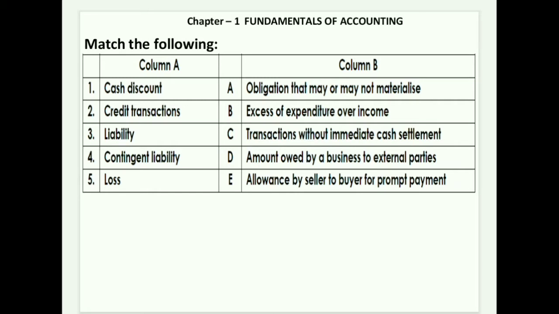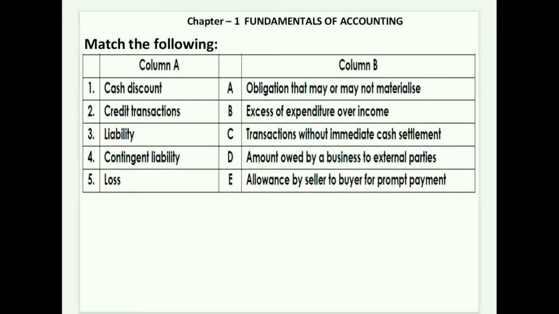So you just start. Column A has cash discount, credit transaction, liabilities, contingent liabilities, and loss. Column B, which we have to match, has: obligation that may or may not materialize, excess of expenditure over income, transaction without immediate cash settlement, amount owed by a business to external parties, and allowance by seller to buyer to promote payments.